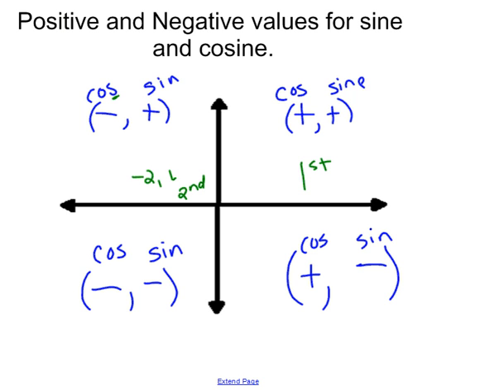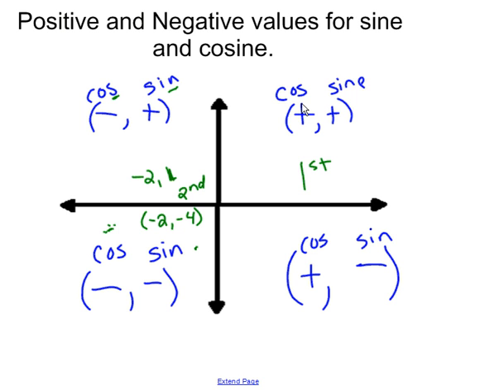Sine is positive because y is positive. If we plotted the point -2, -4, we would end up in the third quadrant. Again, cosine is the x, so if x is negative in this quadrant, so is cosine. If y is negative in this quadrant, so is sine.